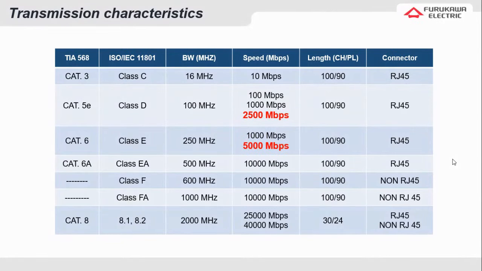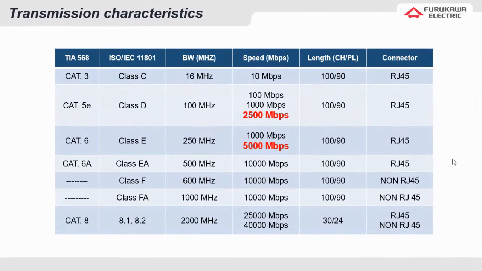Basically, the permanent link, which is the link between the telecommunication outlet and the horizontal cross-connect, mustn't exceed 90 meters, and the channel, which is the permanent link in addition to the patch cords and the equipment cords, shouldn't exceed 100 meters. And so long as we comply with those conditions, we can use the configurations shown on this table.